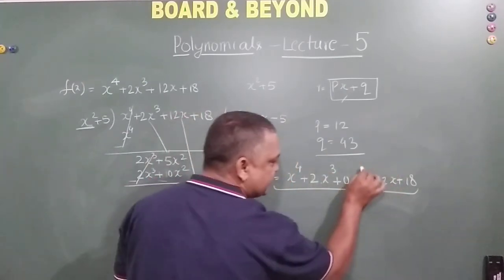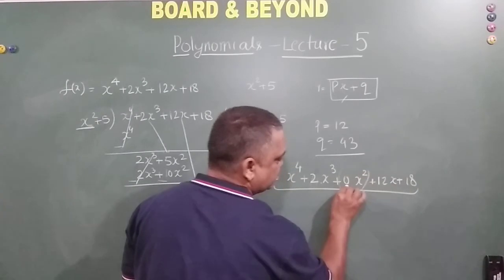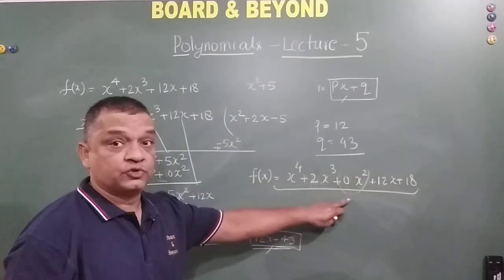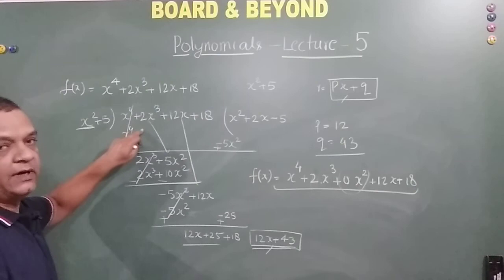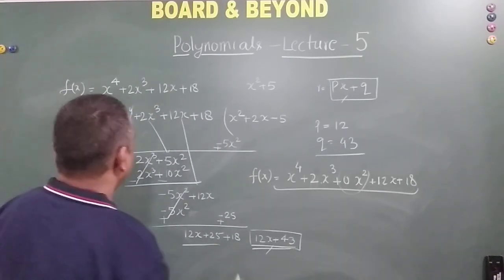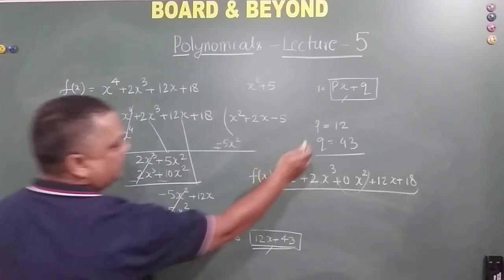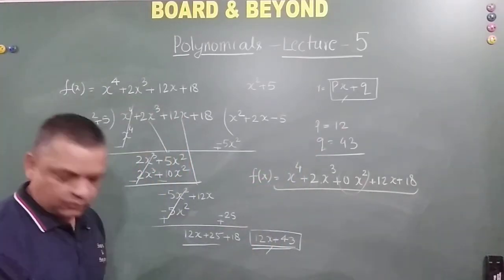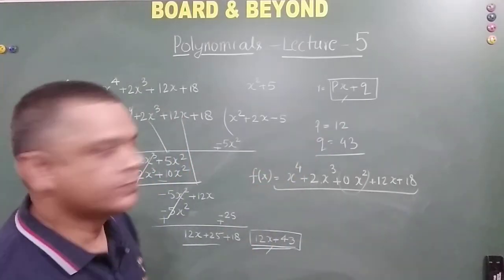If at all you are missing any term, introduce a 0 there and write the term so that you don't make a mistake while dividing. So this is a tip from my side. So p is equal to 12 and q is equal to 43 is the solution for this problem.